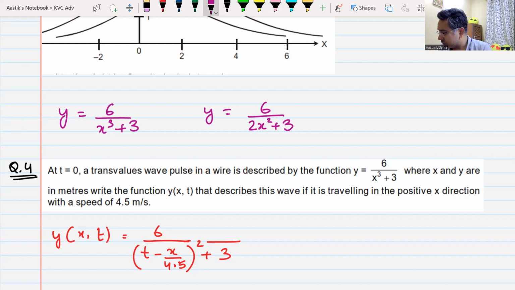So what difference does it make? Instead of x, you put t minus x by v. Or instead of t, you put t minus x by v. Do we understand this?